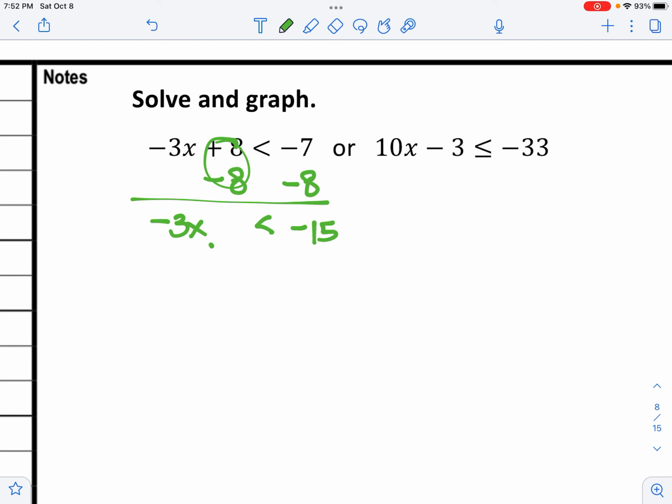Okay, and now I want to divide by -3 on both sides. And here I have to be careful because I'm dividing by a negative on both sides of the inequality. I do need to flip this inequality, right? So be careful of that. Don't forget about that key rule. Okay, so there's our first one.